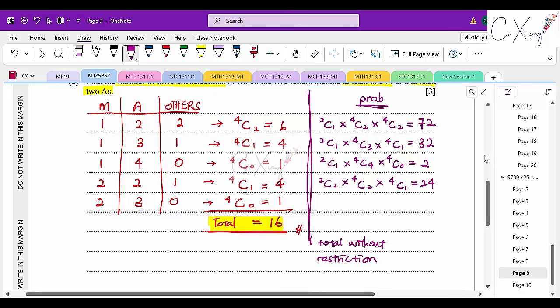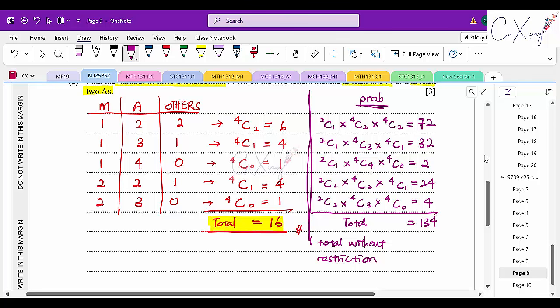Then 2c2 multiply with 4c3 multiply with 4c0, and you get a 4 for this case. And then you get the total cases: 72 plus 32 plus 2 plus 24 plus 4. Total them out, you'll be having 134.